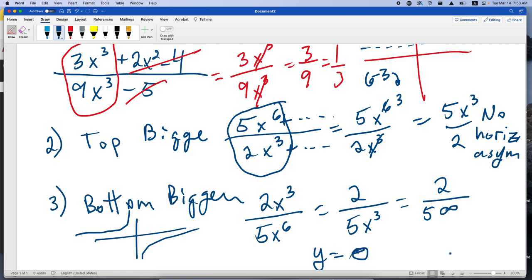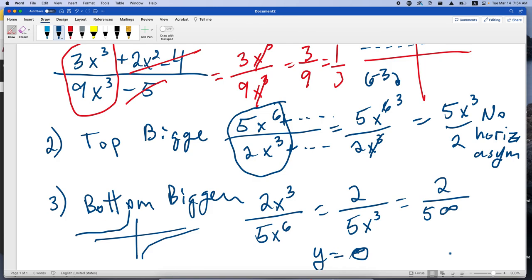Okay, so those are the 3 cases. You'll pick that up in the lessons, but I just wanted to make that explicit. So vertical asymptotes occur whenever the bottom gets 0, x-intercepts whenever the top is 0, and then to find horizontal asymptotes, we look at the ratio of the top to the bottom. Okay, and then there's 3 cases. If they're equal, it will go to whatever the ratio of their coefficients is.